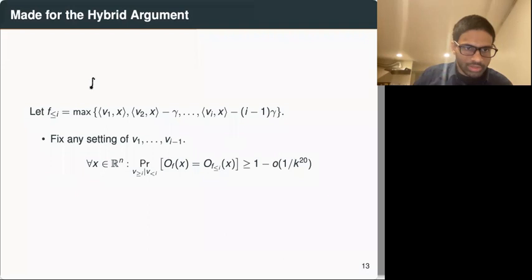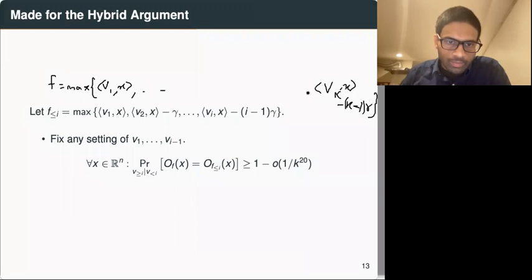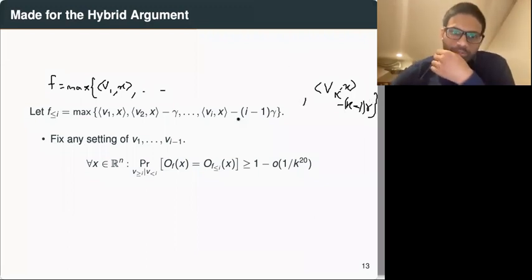So let's just write that here. The actual function f is the maximum over v1 inner product x, and so on till vk inner product x minus gamma times its index. So with high probability, the claim is that the value of the function and the value of this intermediate function is going to be the same.